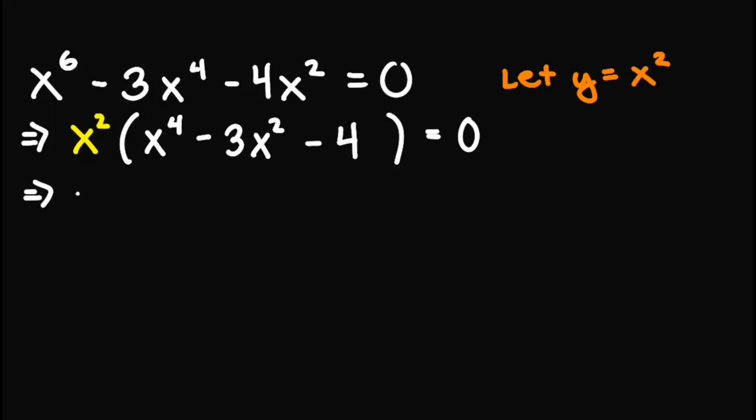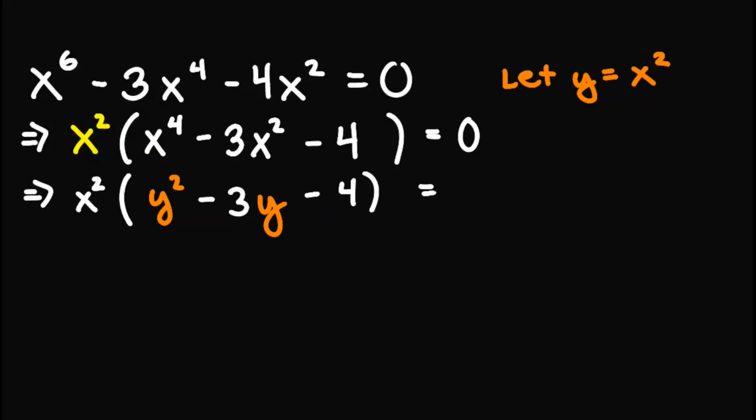So x raised to 4 will become y squared, since if we square both sides out here, we'll obtain y squared equals x raised to 4. Minus 3 times y minus 4 equals 0. Now that it's a quadratic equation, this now is easily factorable.